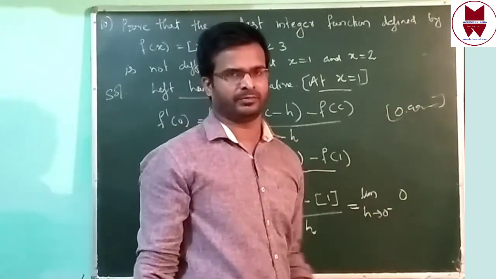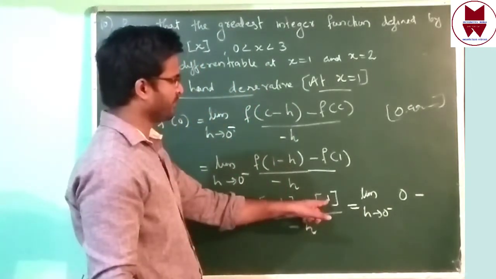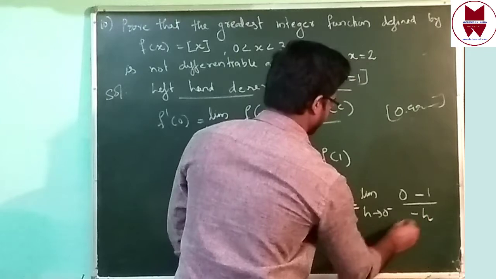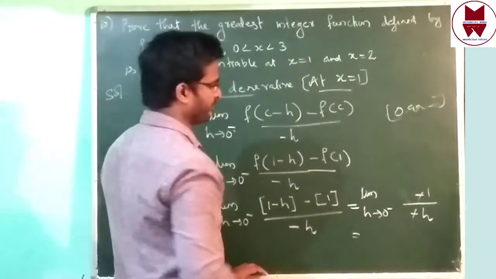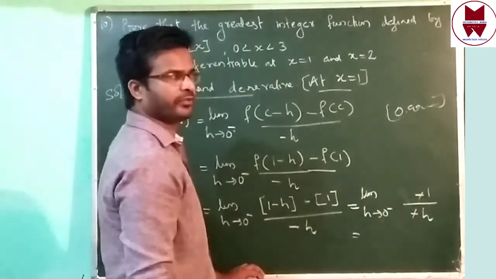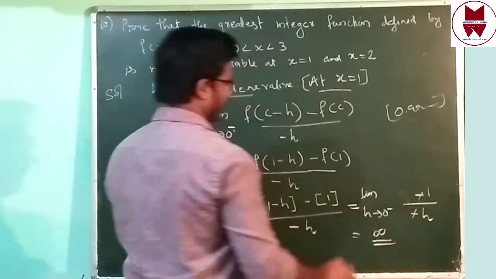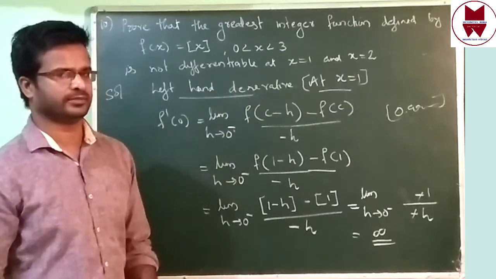Then minus the greatest integer function of 1, that is 1 only, divided by minus h. Minus minus, cut it, because the 0 is of no use, isn't it? Then if you put 0 here, what will you get? 1 by 0. 1 divided by 0 is not defined, otherwise infinity. We will get the answer infinity for the left hand derivative.